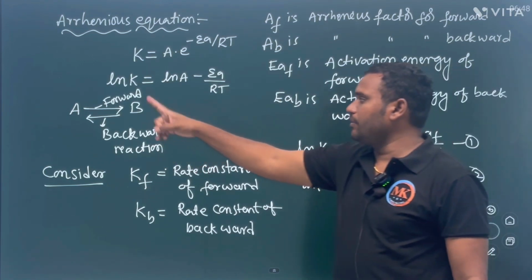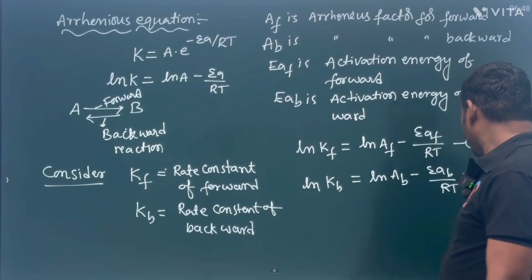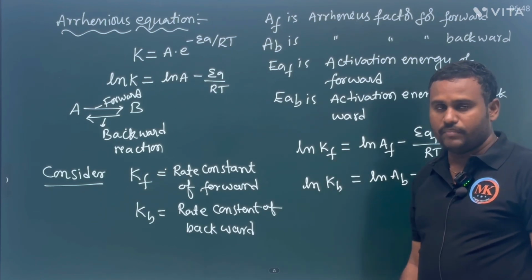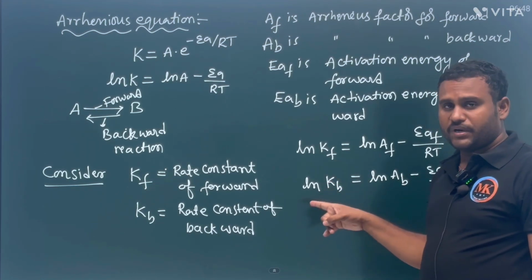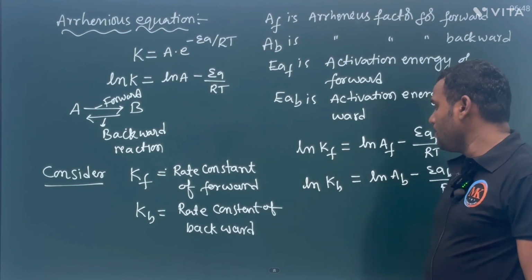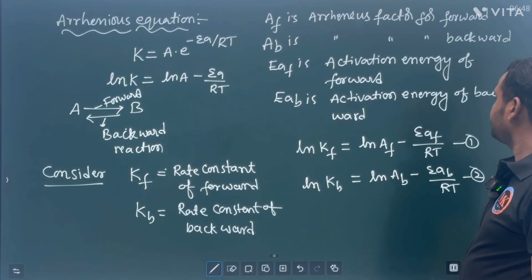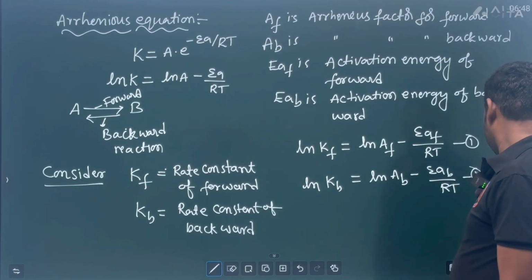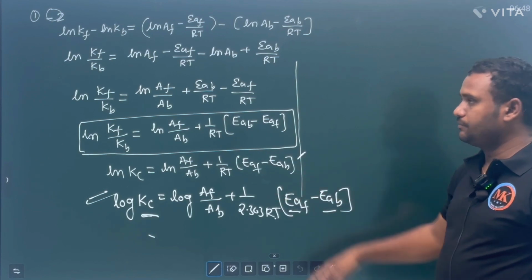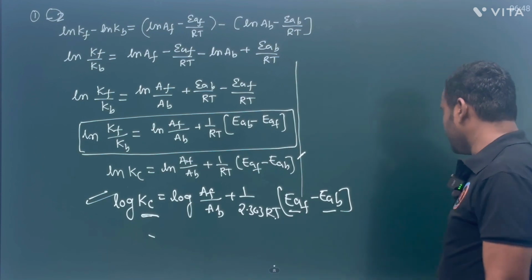So here we write the Arrhenius equation for the forward reaction and the backward reaction, and then we subtract the equation for the backward reaction from the equation for the forward reaction. This is the total derivation. Okay, the derivation is not necessary, you remember the final equation for competitive exams.